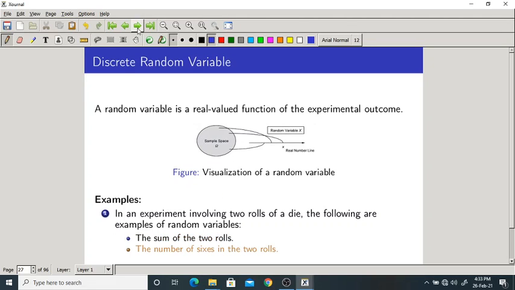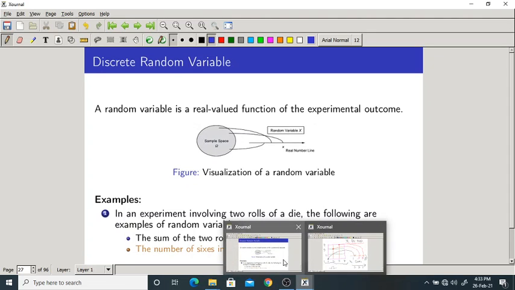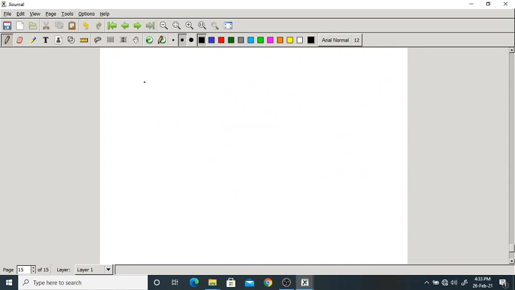Next, the number of sixes in the two rolls. Yes, it is also a random variable. Why? Suppose it is a 6-face die. Actually, there are 36 elements in the sample space, but I will take only a few elements: 1, 1, 2, 6, 6, 6.